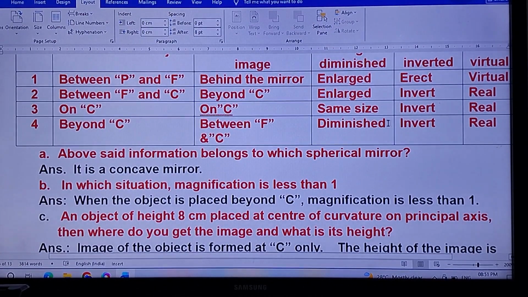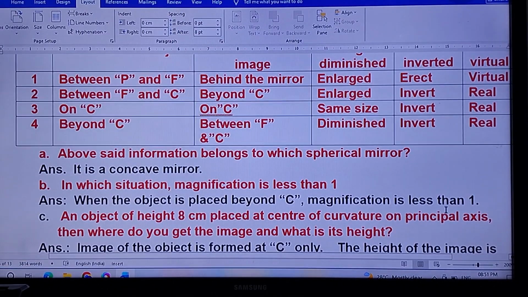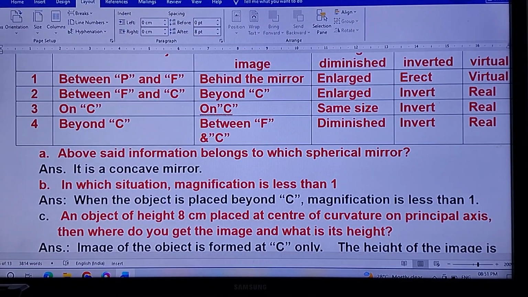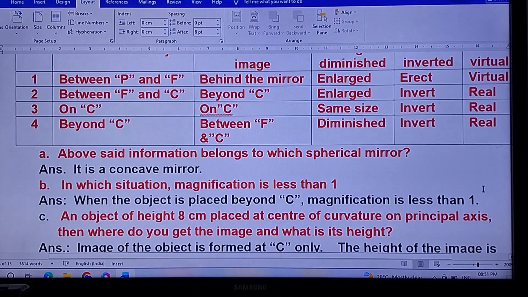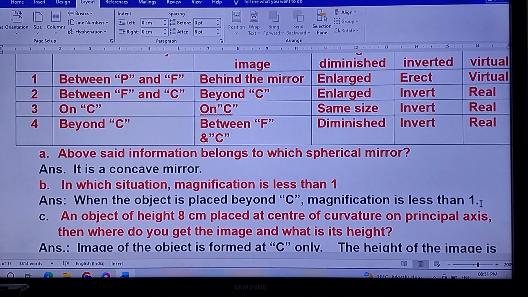So when the object is placed beyond C, magnification is less than 1. Magnification less than 1 means a diminished image. Next, see, children, 1 is taken as the account. All the values less than 1 are diminished images. Values more than 1 are magnified images. You should remember that.